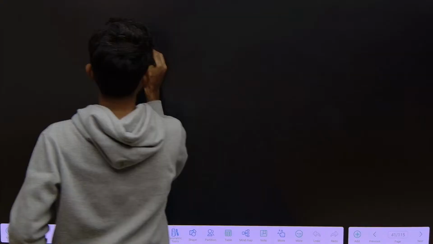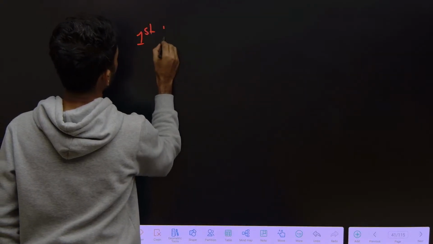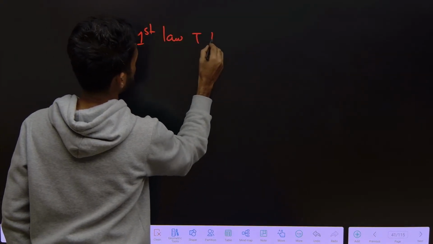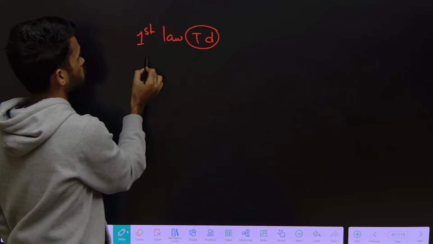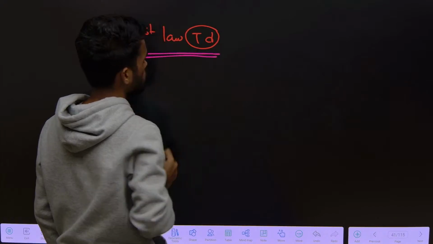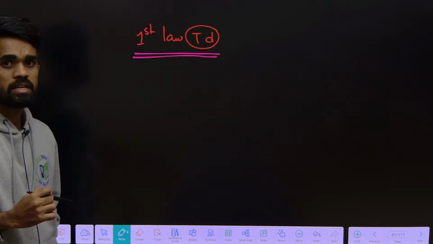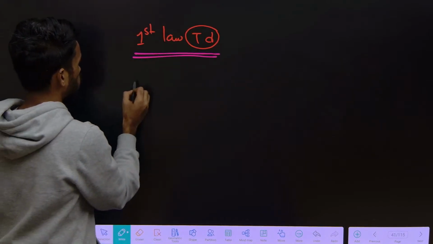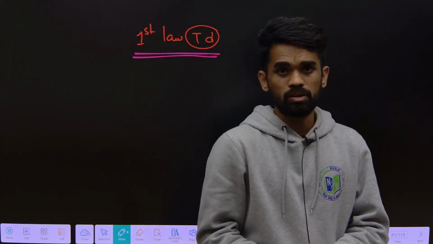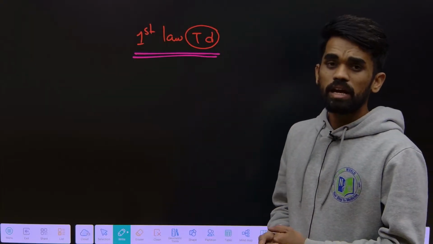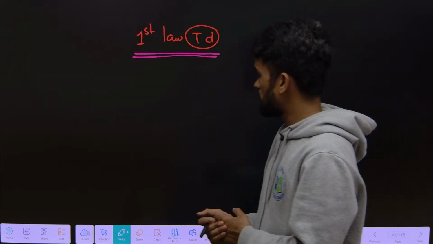See here, there is something called the first law of thermodynamics. What this first law says, this is nothing but you have studied it from very basic, I think. The total energy of the system or whatever you are taking will be conserved.